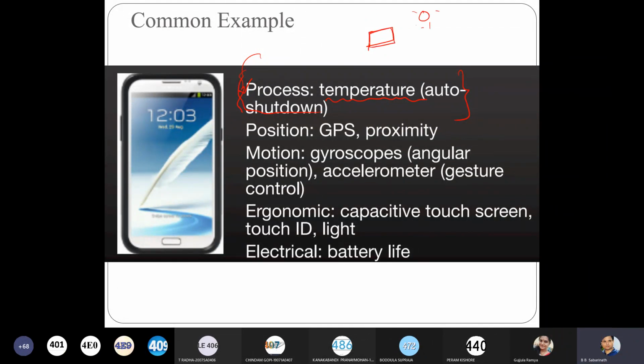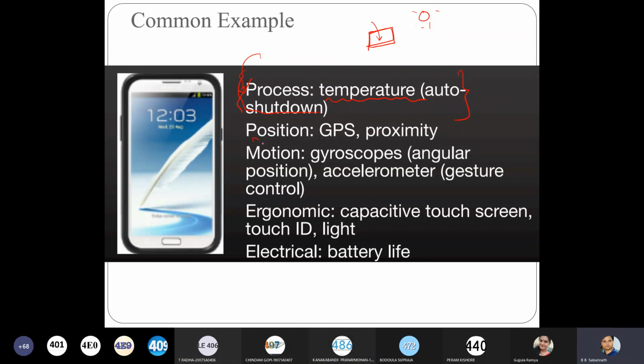What happens? If the temperature rises to some abnormal value, your phone will automatically shut down. Why does this happen? Inside your phone there will be a temperature sensor, some thermistor. That sensor detects the temperature of the surroundings, and if the temperature exceeds a particular value, the phone will automatically shut down.